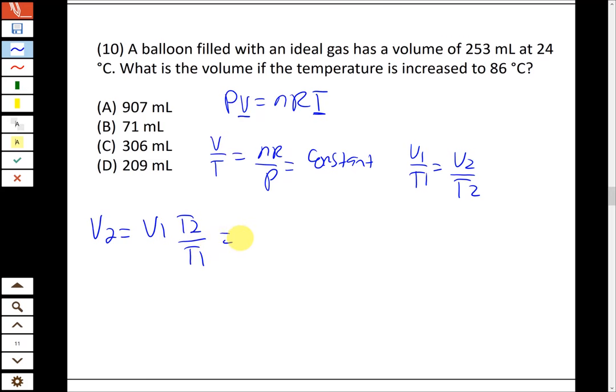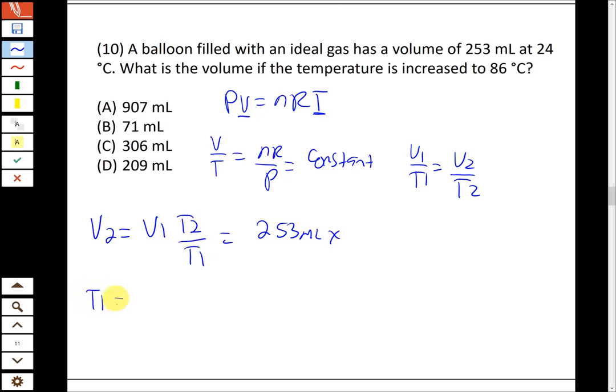And so from here, we just have to plug in the information that we're given. But the only key thing is make sure that temperature is always in Kelvin. In chapter 7, it was always delta T, so Kelvin, Celsius pretty much interchangeable for that difference in temperature. But for absolute temperature, when it's just T by itself, it needs to be in Kelvin for any type of problem. So we have the volume is 253, but then we need to convert the temperatures into Kelvin.